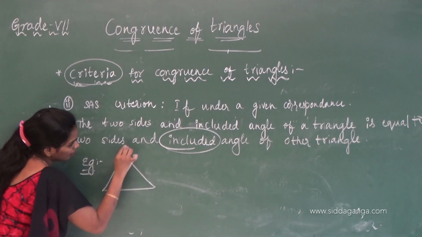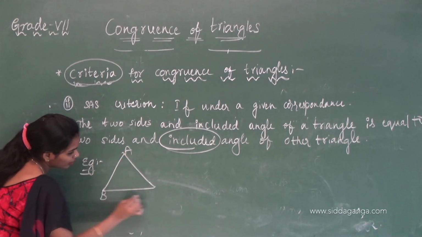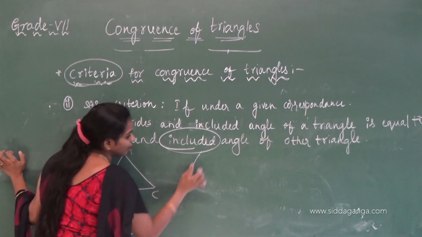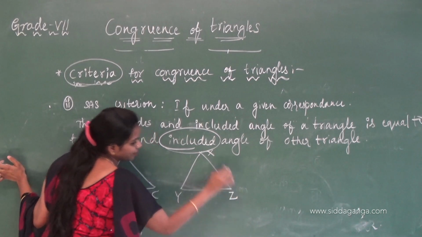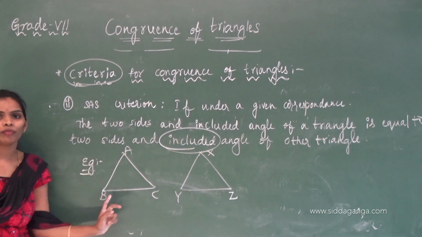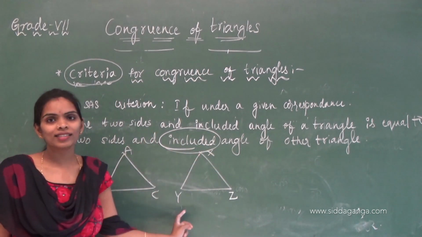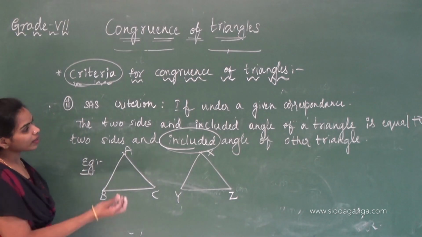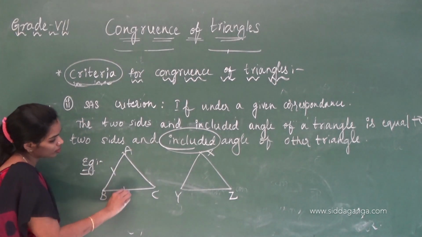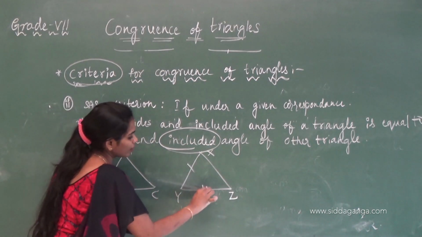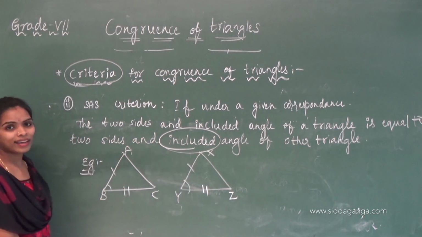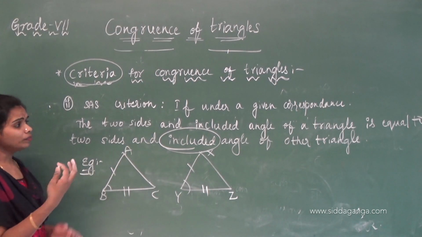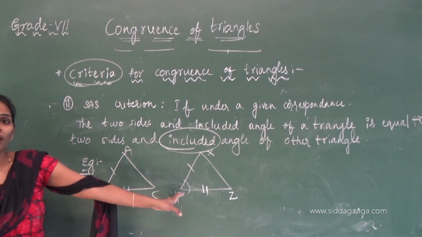Triangle ABC, triangle XYZ. Here what they are telling: two sides and one included angle are equal, then we can tell these two triangles are congruent.